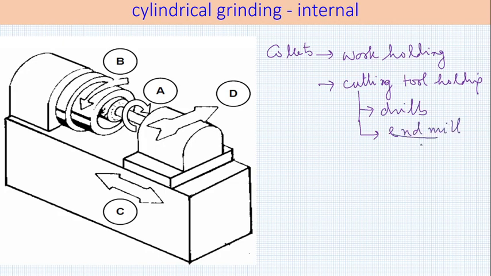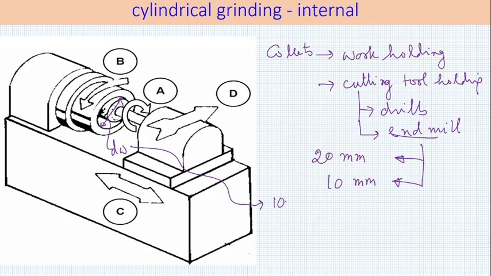And let us assume that you have an end mill which is rather large, 20 millimeter. Another friend of yours is having another one which is 10 millimeter. So try to understand, this is the diameter of the job, which is 10 to 50 millimeter, or it can be even less than that, and that has to be internally ground.